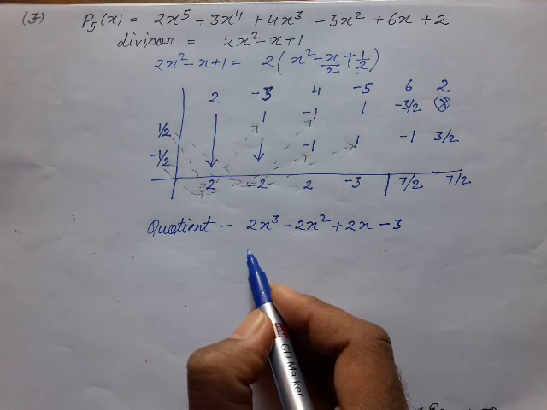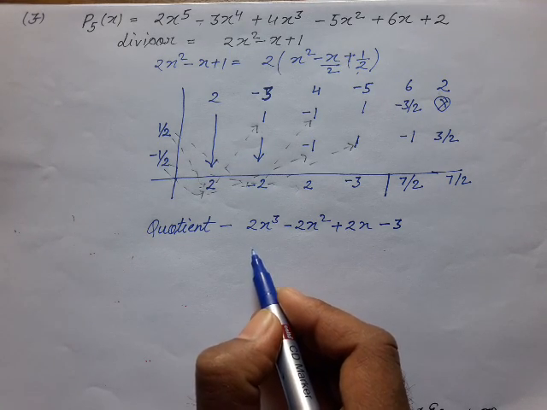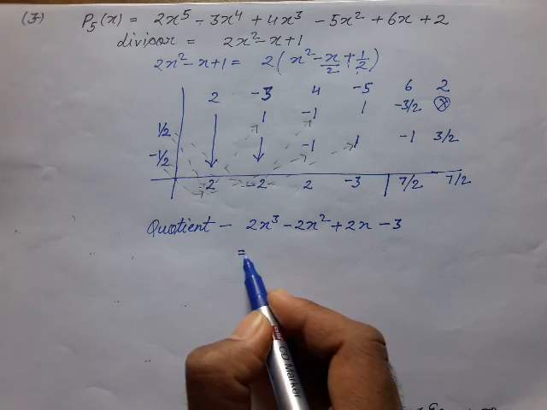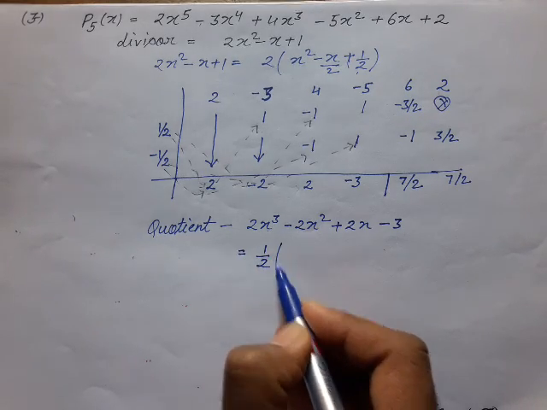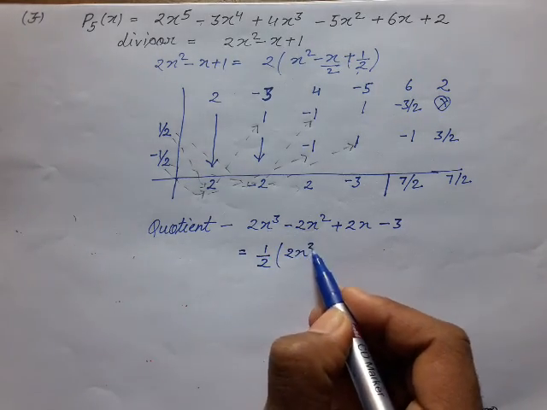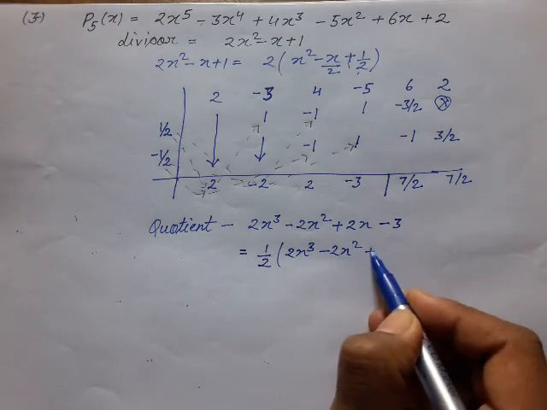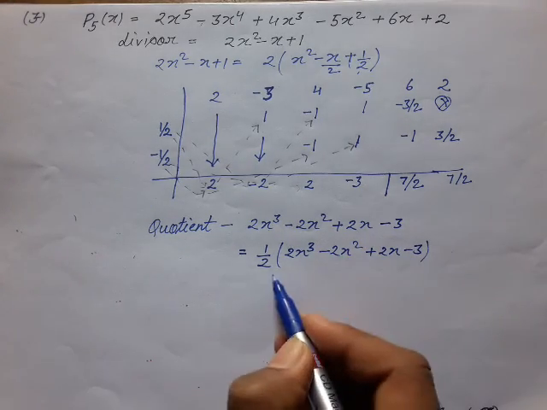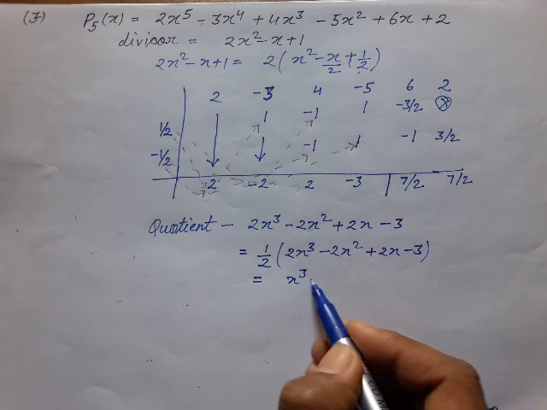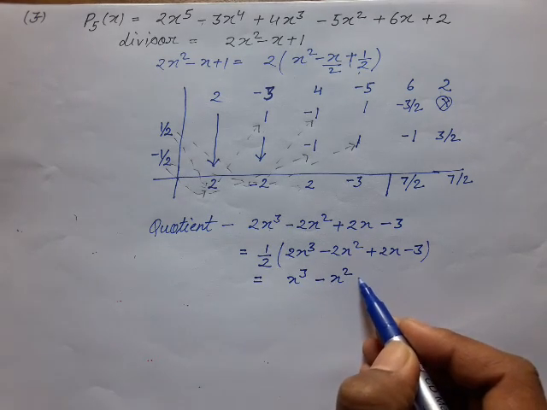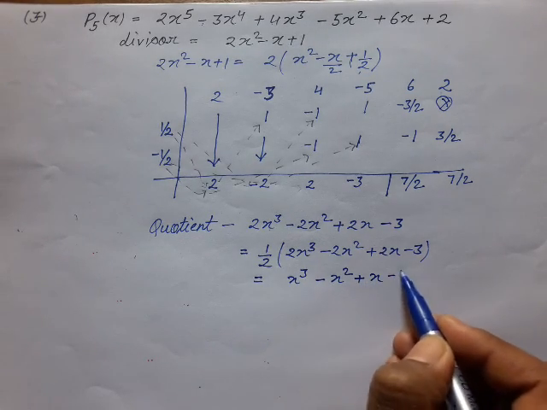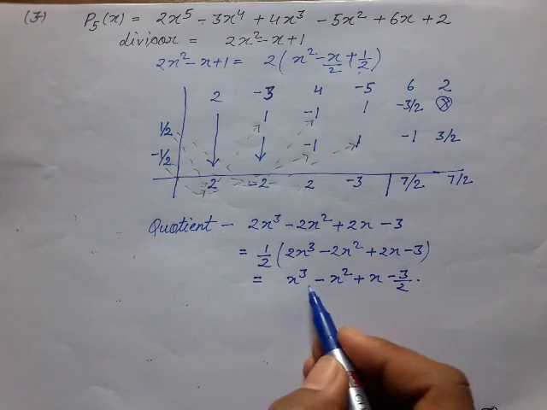So now dividing this polynomial by 2, that is multiplying by 1 by 2, we get x cube minus x square plus x minus 3 by 2.